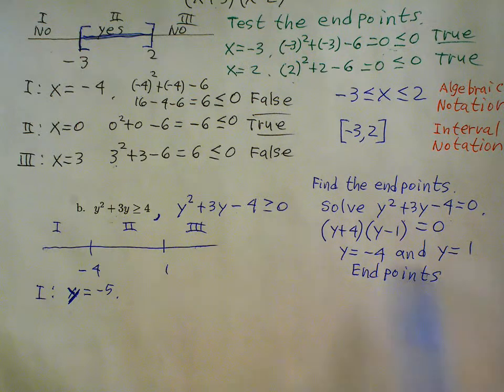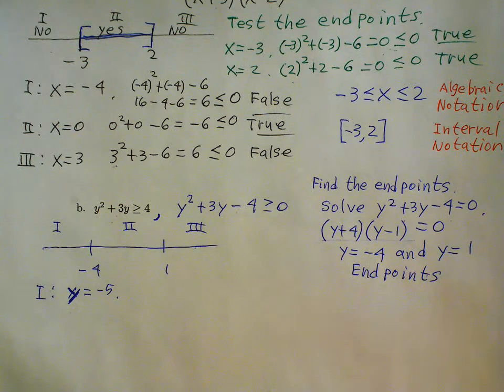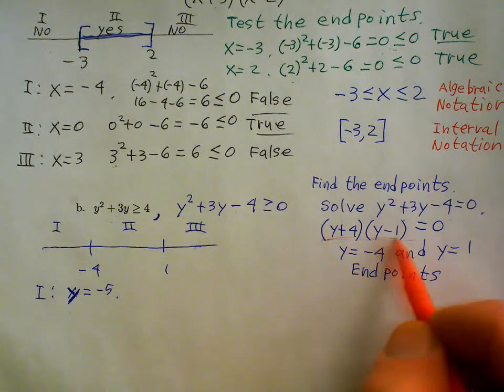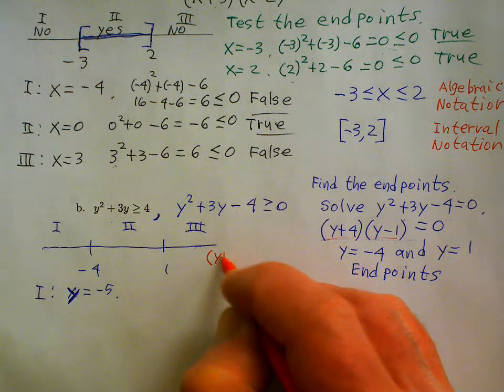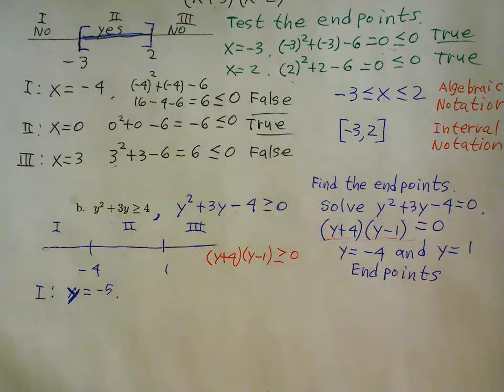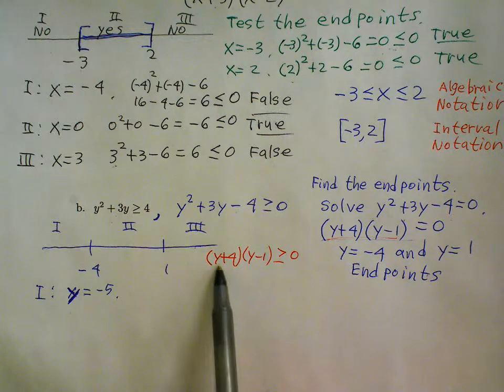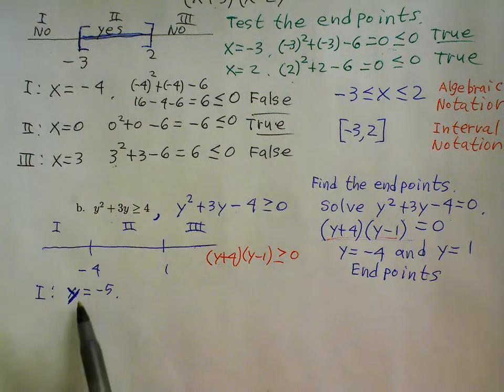Another option, since we were easily able to factor the quadratic expression, we can write the inequality in factored form. So the inequality in factored form is y plus 4 times y minus 1 is greater than or equal to 0. And sometimes it's handier to use the factored form for testing intervals.